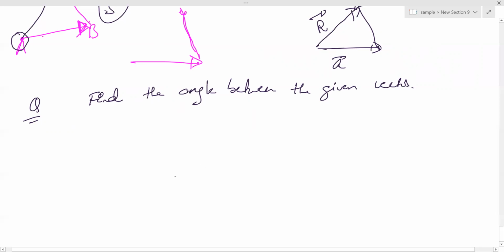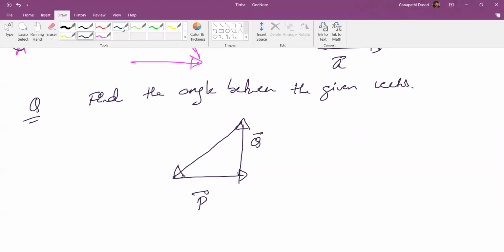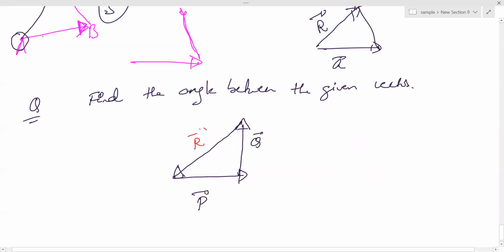So, for example, this is 45, this is 45, this is 90.